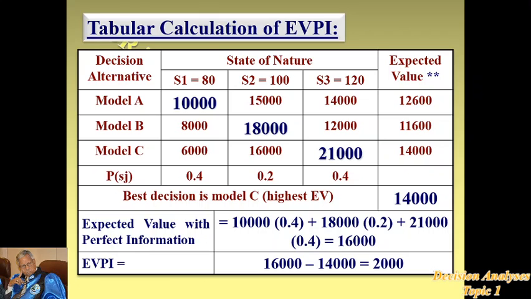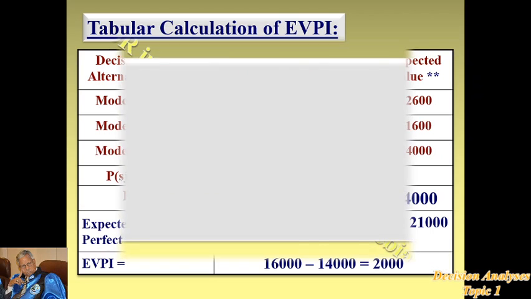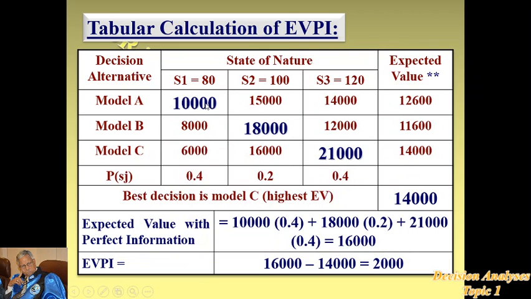Then we will get the upper bound expected value by multiplying 10,000 times 0.4 plus 18,000 times 0.2 plus 21,000 times 0.4.